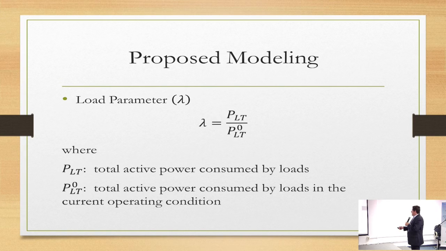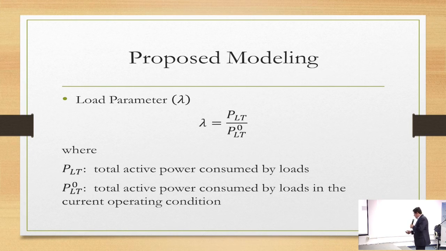We have the total active power consumed by the loads divided by the same amount in the current operating condition. So we define the load growth direction as a sum of participation factors from areas, which in turn will be a sum of participation factors of each bus. And this can be measured, for example, by synchrophasors.